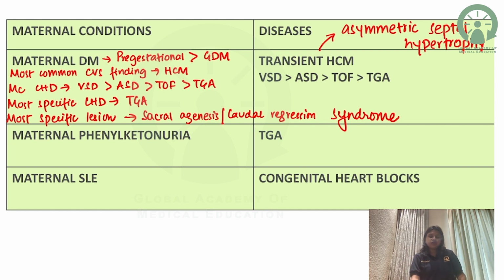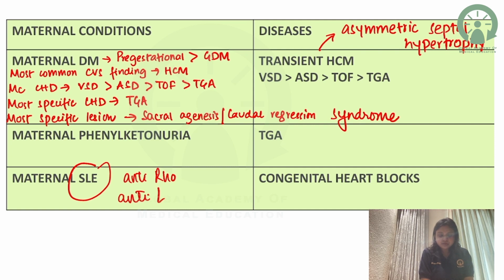I already told you if the mother is having SLE, we can have anti-Ro, anti-La antibodies to be positive, and we can have congenital heart blocks. And if we have complete heart block, what is the fetal therapy of choice in case of maternal SLE? The answer is dexamethasone.